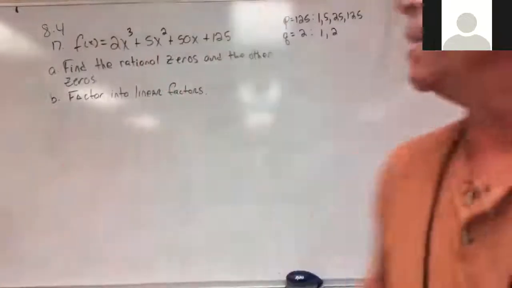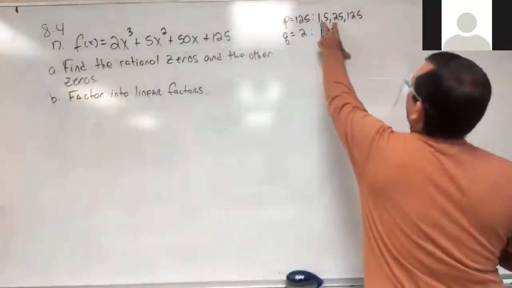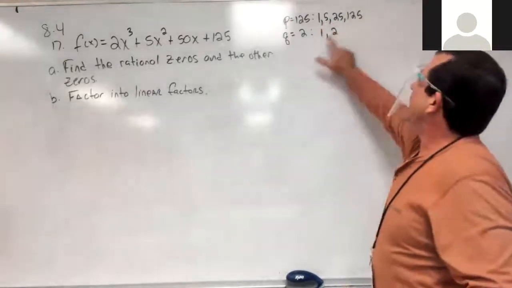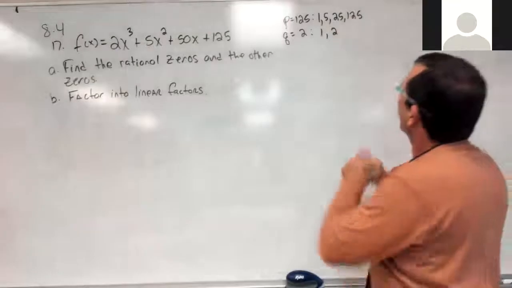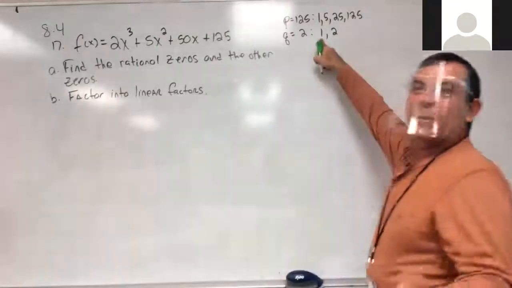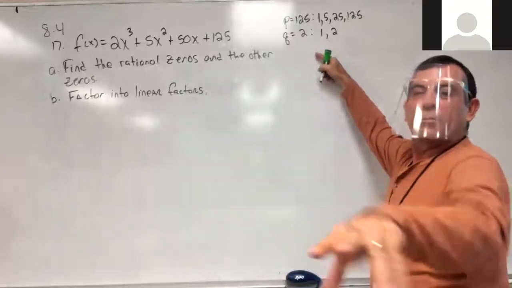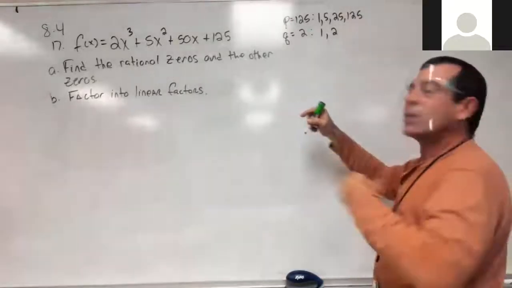But watch how we're going to get it. So all the possible zeros are all these factors divided by those factors. I know it's not going to be the 1, because 1 divided by 1, 2 divided by 1 are just going to be whole numbers. But that's crossing in between two numbers.